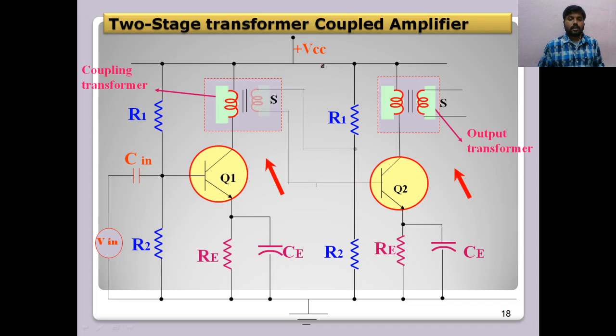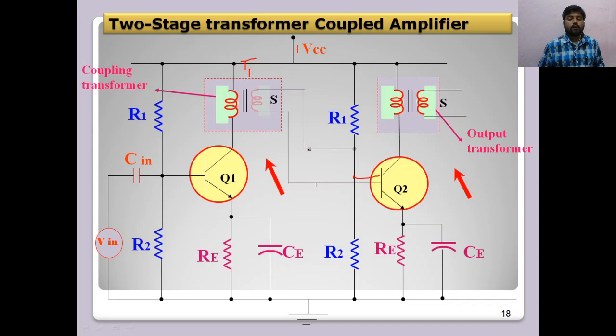Only the secondary of transformer 1, if you say this is transformer 1, the secondary of transformer 1 is connected between a wire which is in between R1 R2 and the transistor Q2.